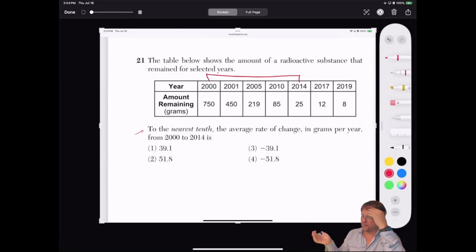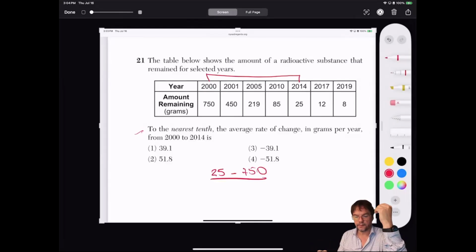So it's final minus initial. Is that okay? So it will be 25 minus 750, 2014 minus 2000. Do you agree? So here is minus 725 and here is 14.